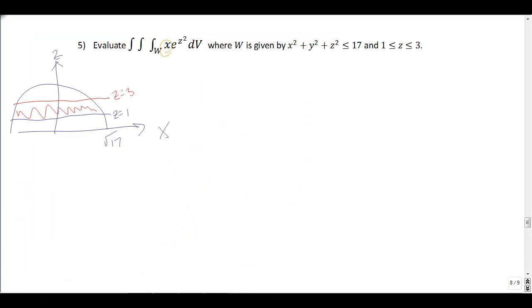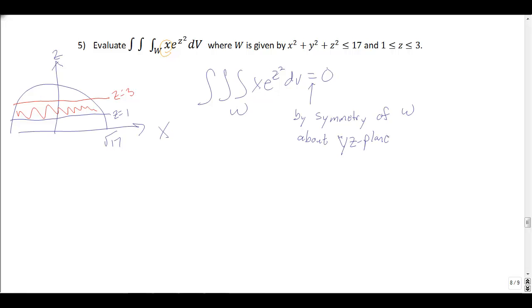So right away, as a shortcut, the triple integral over W of x e to the z squared dV equals 0, by symmetry of W about the yz plane, or we could say x equals 0, and x e to the z squared is odd if I just view it in the x variable. So in some sense, we get the 0 that way.